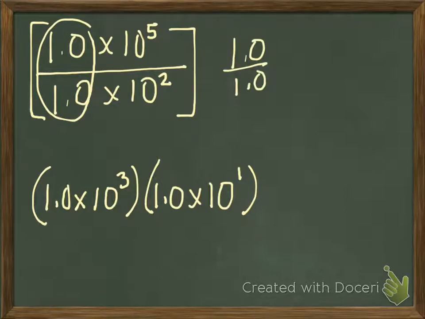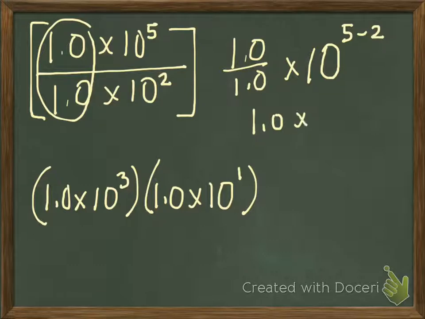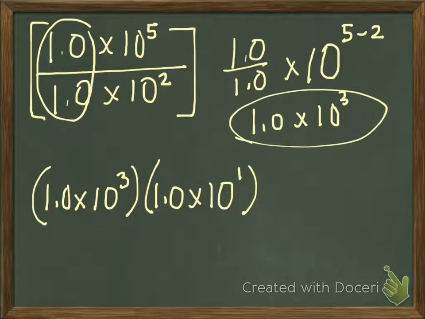Well, 1 divided by 1 is 1. Then we take the whole thing and do times 10 to the, and when we're dividing, those exponents get subtracted. So this would end up being 1.0 times 10 to the 3rd, okay? Because it's 1 divided by 1 times 10 to the 5 minus 2. That's our final answer. Let's look at the next example.